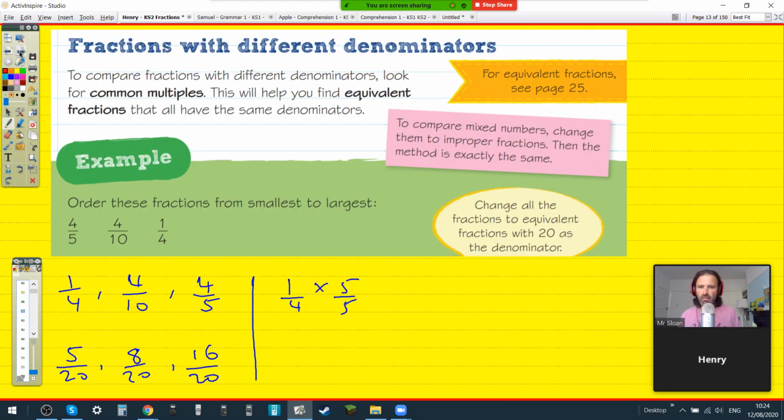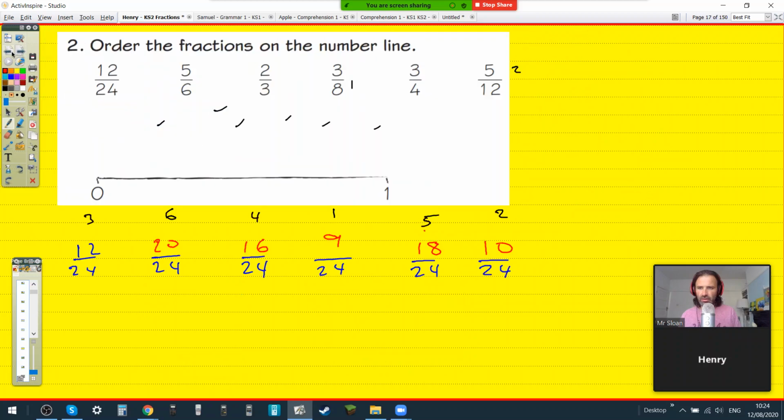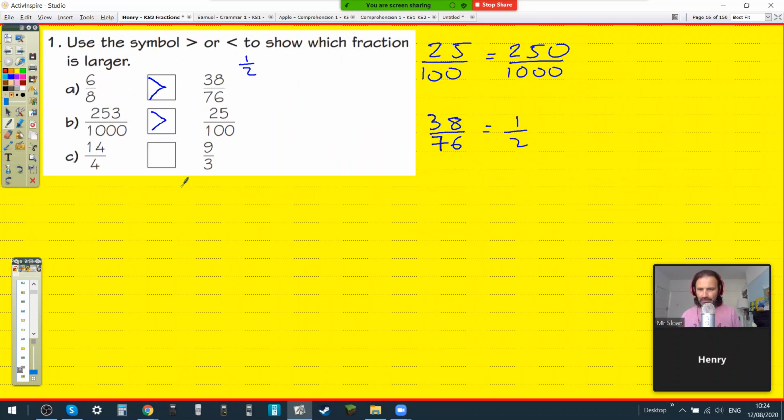Okay. Test. Let's try question C. Okay, so 14/4 is bigger than 9/3. And how do you know?